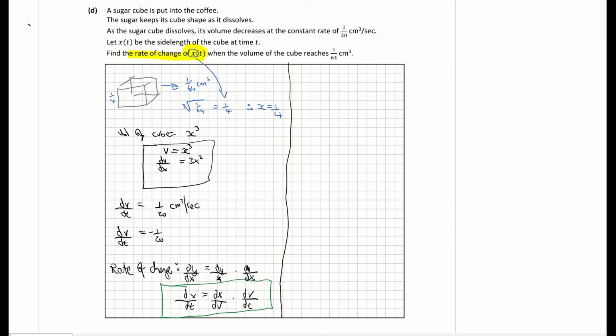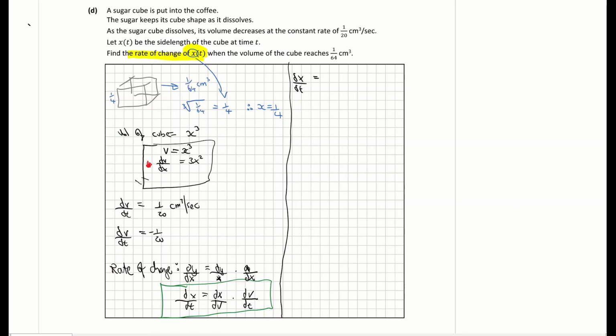And when I fill that in, what do we get? So we have dx over dt is equal to dx dV. Now I have here dV dx, so I just need to find the opposite of that. So I'm just going to flip my fraction there basically.